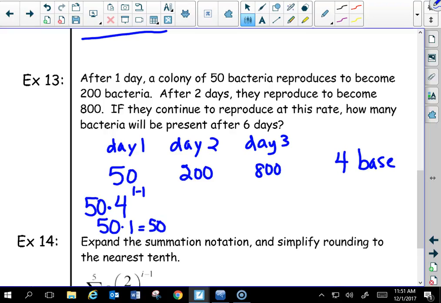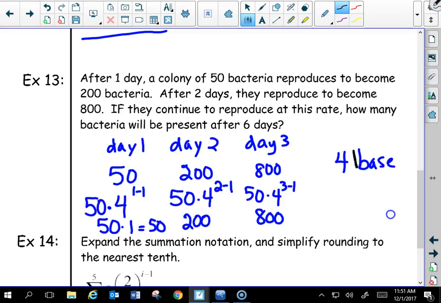Now let's see if that works over here. 50 times 4 to the 2 minus 1. So I'm just using the day as my index. 50 times 4 definitely gives me 200. And it'll work here as well. 50 times 4 to the 3 minus 1 gives me 50 times 16, which gives 800.